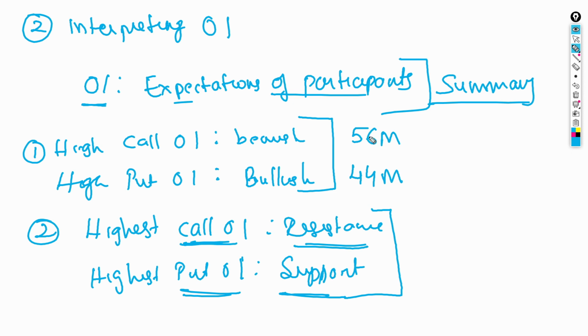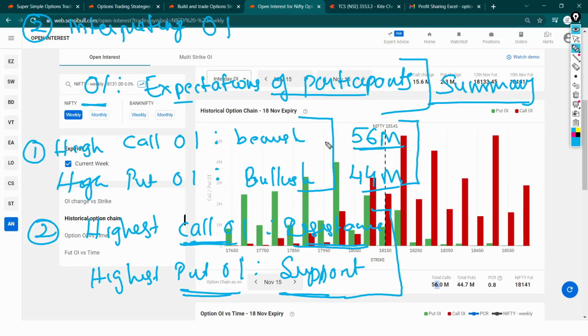Looking at this, since there is higher open interest on the call side compared to the put side, you can say that the market is likely to face some resistance on the higher side. I am not using the term bearish because the difference here is not significant. You can see the ratio is just around 0.8.